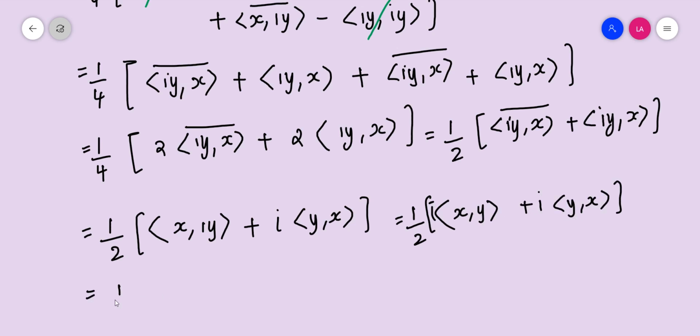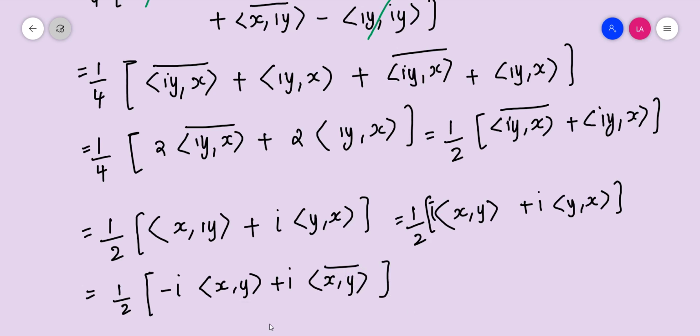Okay, so 1 by 2 times. Now this can be written as inner product yx or xy as well. So this can be written as i conjugate is minus i times inner product xy plus i times, this can actually be written as inner product xy conjugate, because inner product yx is xy conjugate.